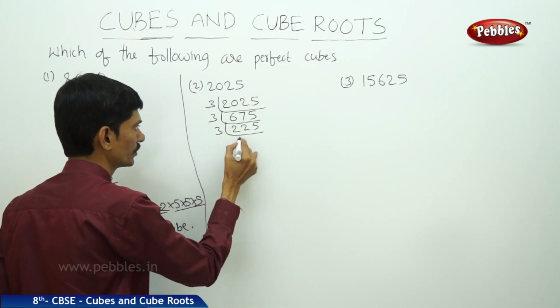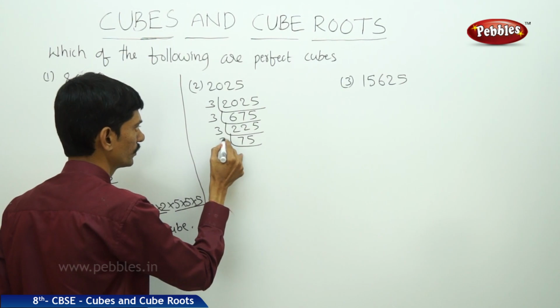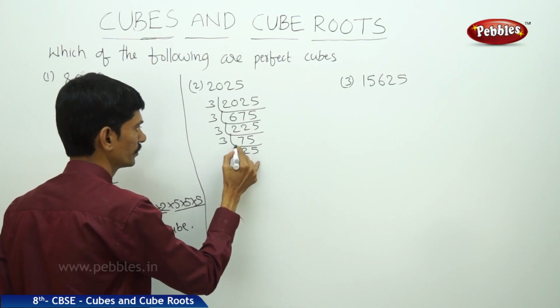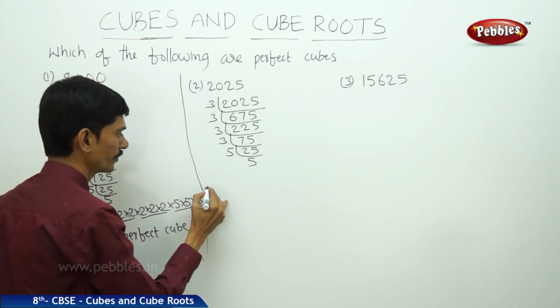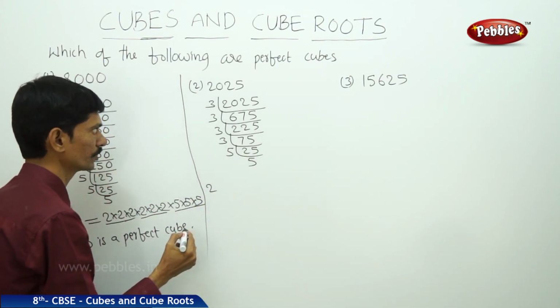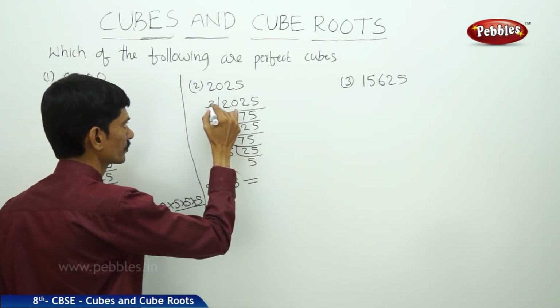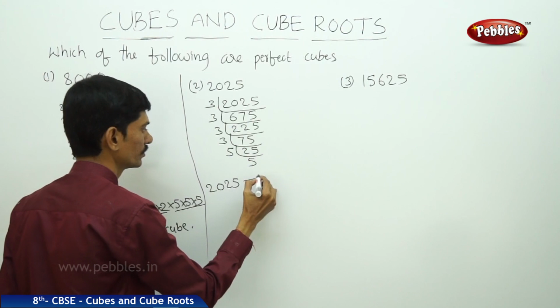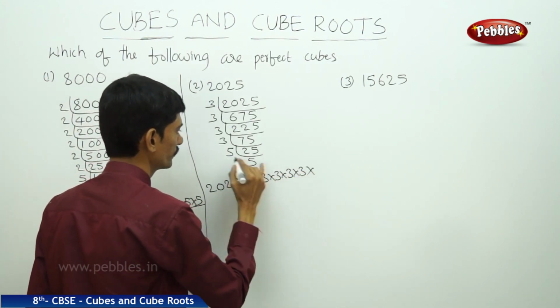Again 3 table, 3 7s are 21, 3 5s are 15. Again 3 table, 3 25s are 75, and here 5 5s are 25. So the prime factorization of 2025 is 3 into 3 into 3 into 3 into 5 into 5.